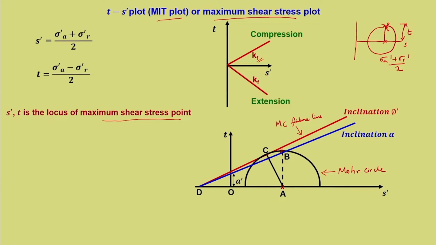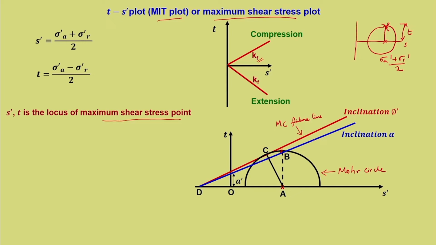The line passing through the maximum shear stress point makes an intercept of A dash, and we know the intercept of the Mohr-Coulomb failure line is C dash. I have not marked it because we already know it. If I mark it, it becomes more cumbersome. So, I am not marking it. So, this is how it is.